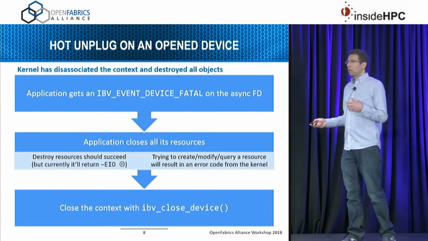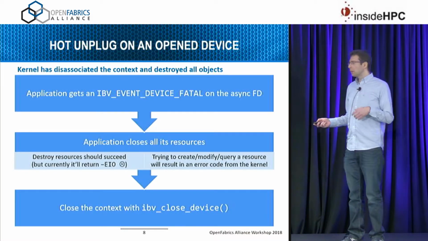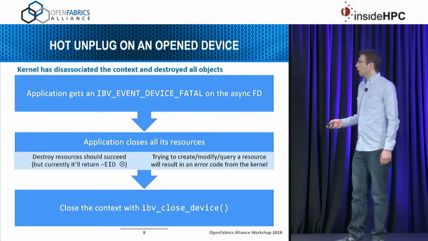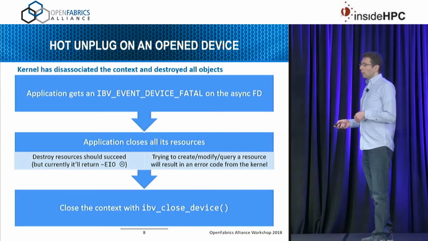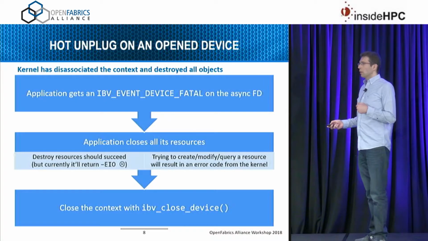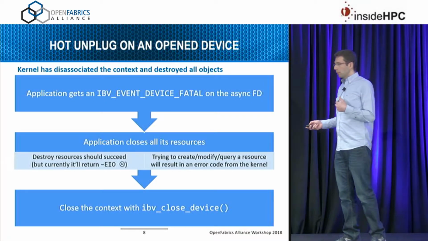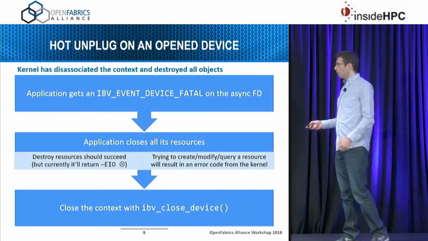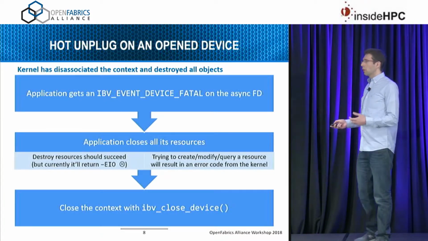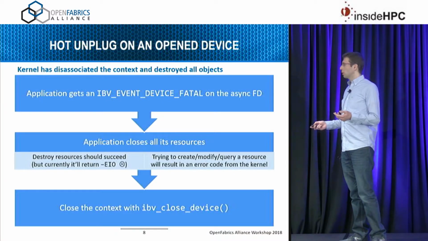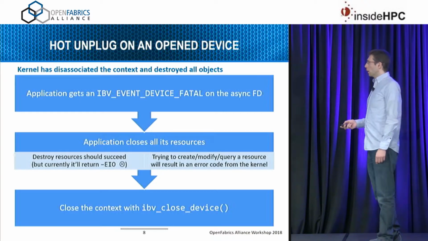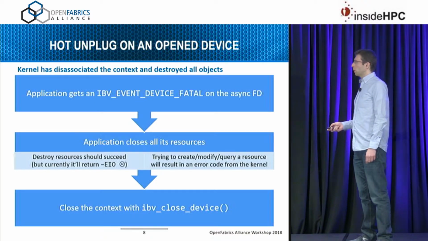Right now, as we stated, it will get -EIO, and this will cause a leak. But in the ideal way, it will just be a successful call. Everything else should be an error because you can't have, for example, a PD on something that is dead, right? So that's easy. And afterwards, you have to close the dev.